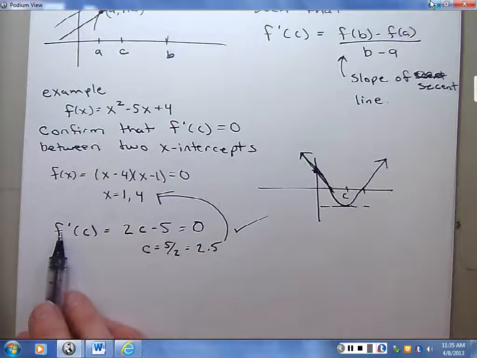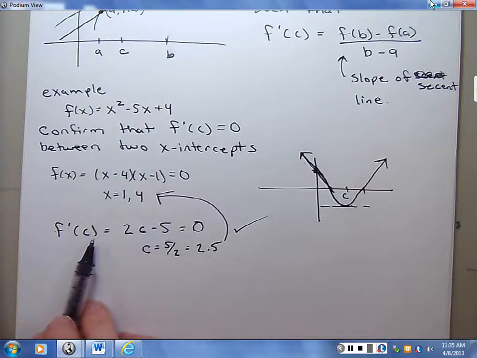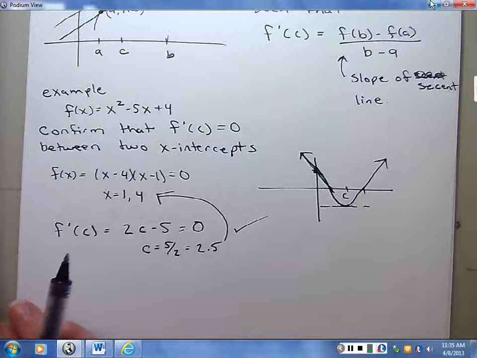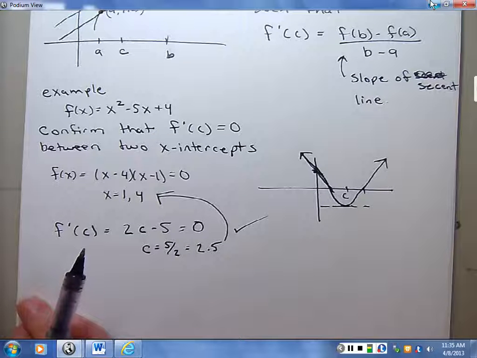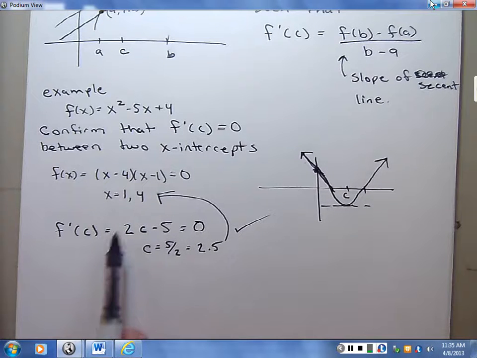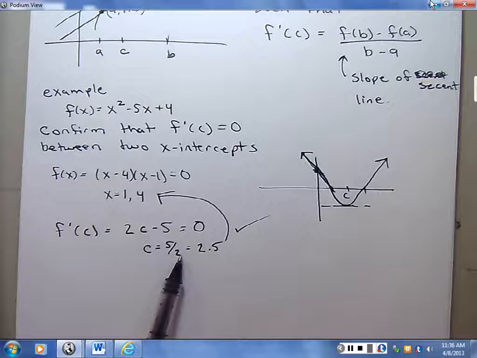Your book uses this notation, the C. If you want to use x, that's perfectly fine. Just know that the C they're looking for, if you want to say x is 5/2, that's the value of C in the interval. But your book tries to get away from using x and says, okay, we're going to plug it in at some C value. So if I take the derivative and plug it in at C, this C has to be within this interval.